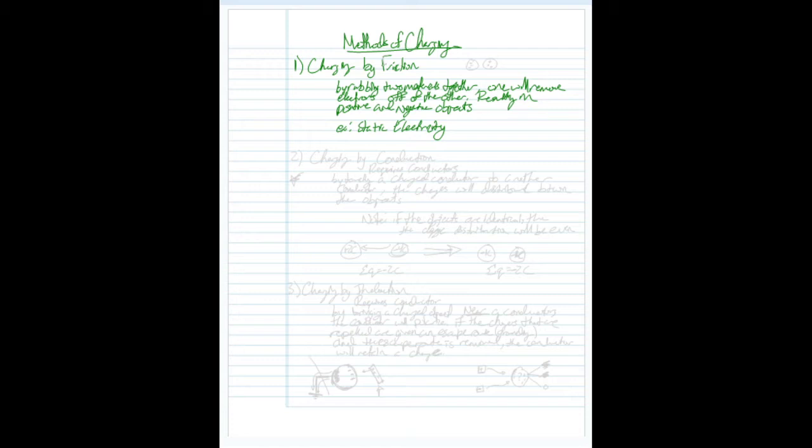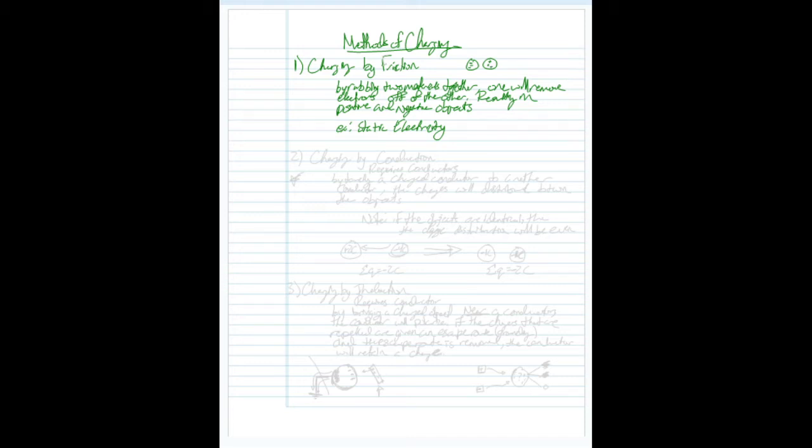All of these methods of charging have to follow the law of conservation of mass. Specifically, we're going to be focused on what we call the law of conservation of charge, which is kind of a corollary of the law of conservation of mass. If my 2 objects together have 0 charge to begin with, and I rub them together, and one of them gains electrons, the other one will have lost that number of electrons.